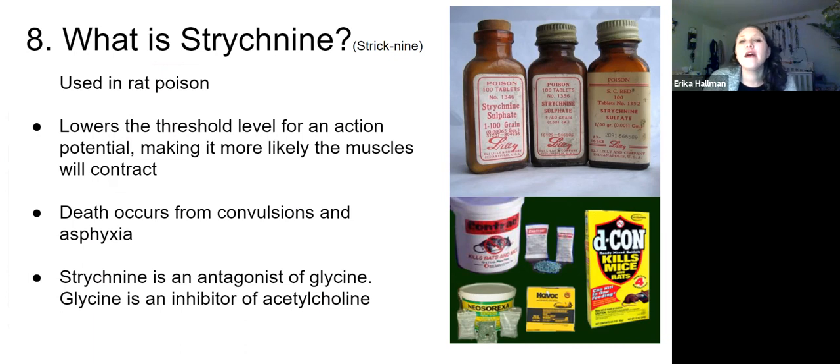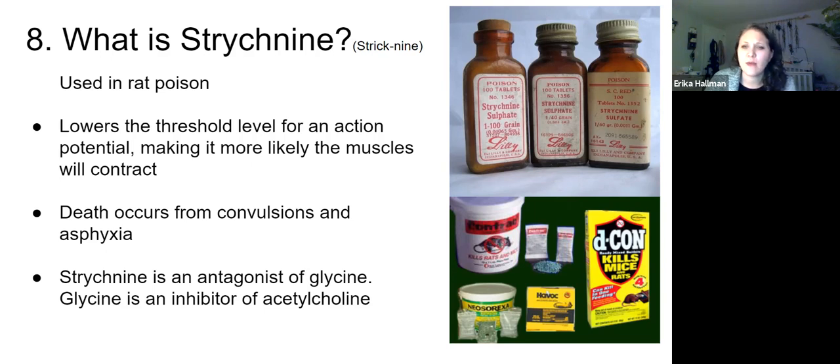Another common poison of the neuromuscular system is strychnine. Strychnine is a common ingredient in rat poisoning. The reason why it works as rat poison is that it lowers the threshold level for an action potential, making it more likely that those muscles will contract.